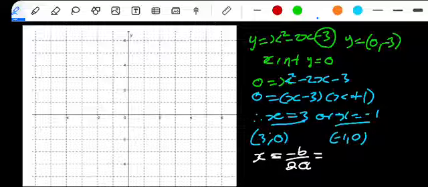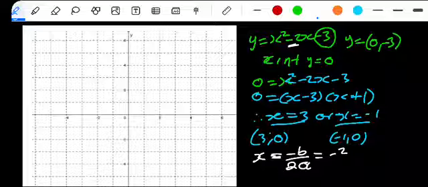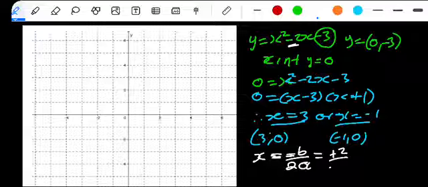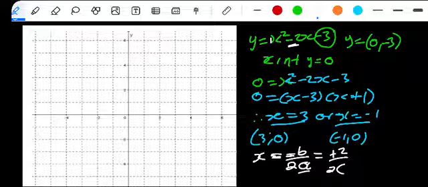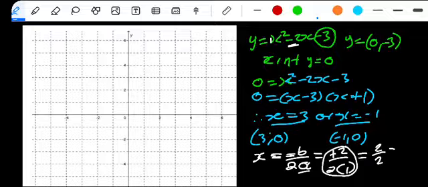What is b? b is -2, but we have a negative outside, so this simply becomes positive 2, divided by 2a, where a is 1. It's the same as 2 over 2, which is simply 1.